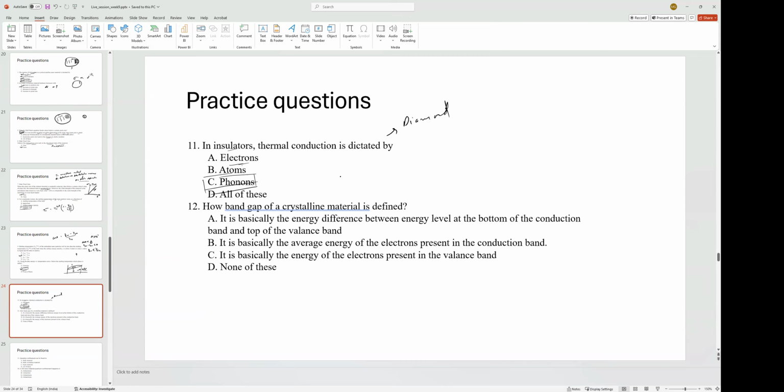How is the band gap of a crystalline material defined? This is your conduction band. This is your valence band.